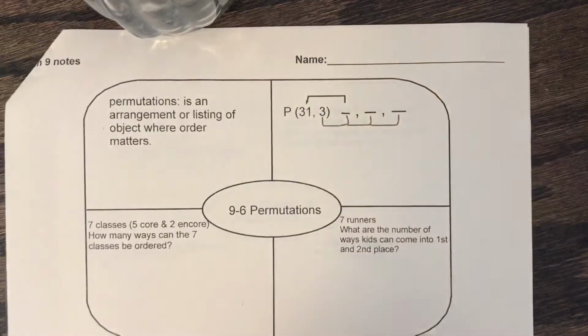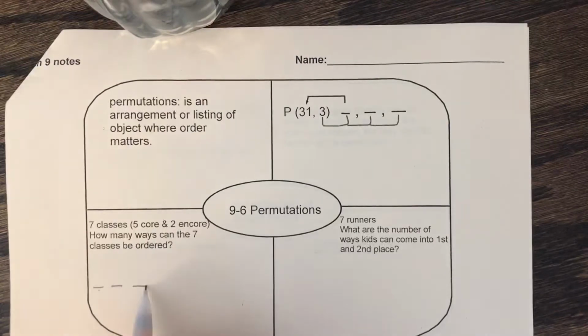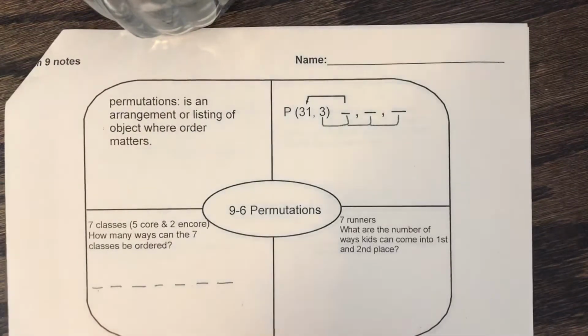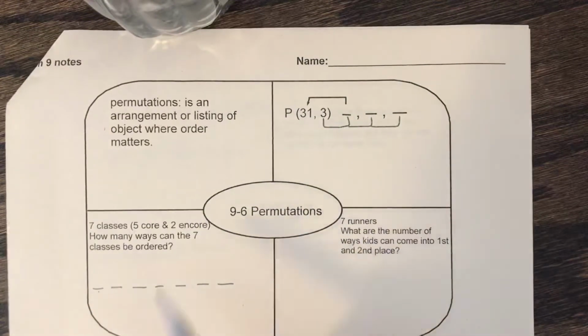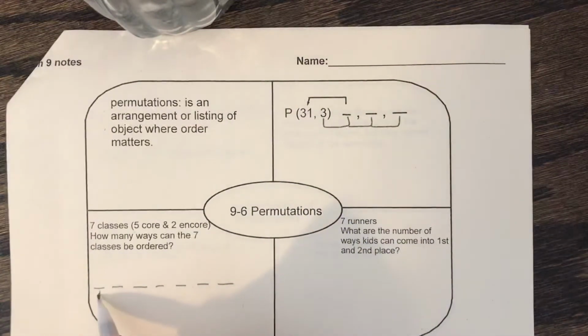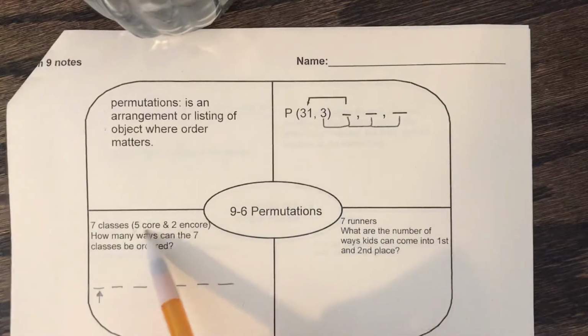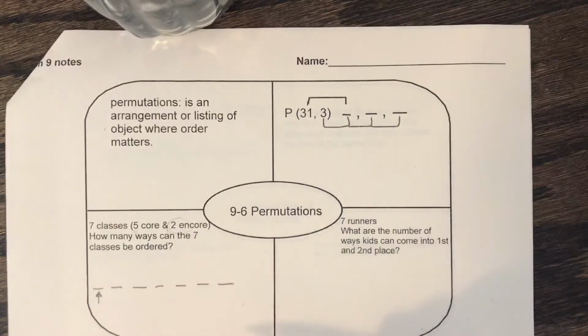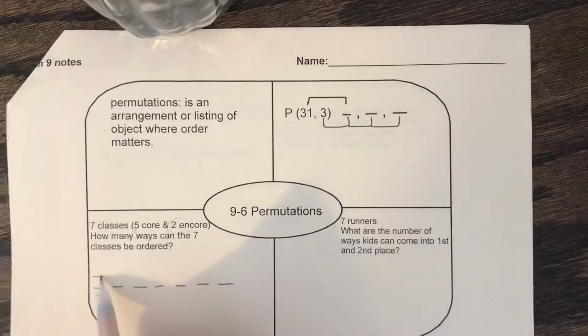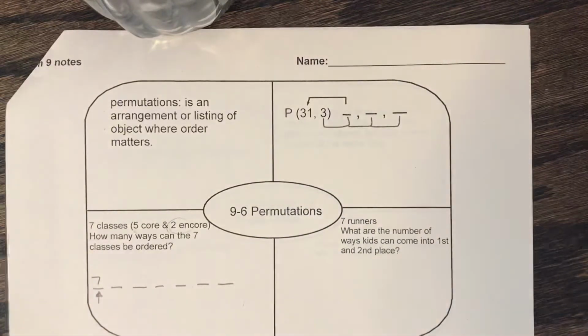So we're saying we have 7 spots to fill. That's your first hour, second hour, third hour, fourth hour, fifth hour, sixth hour, seventh hour. In the beginning, if they were to fill your first hour, how many classes do they have to choose from? Well, they have 5 cores and 2 encores, so technically we have 7 classes to choose from.